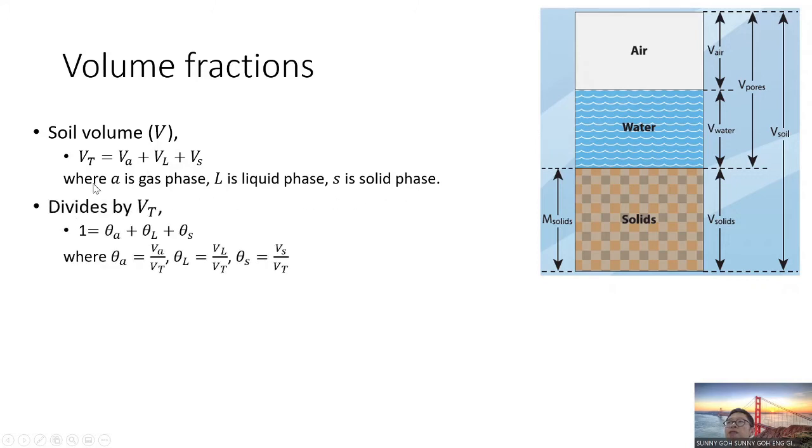And then if we divide this equation by Vt, the total volume, we will get 1 equals theta a plus theta l plus theta s. Theta a is given by Va divided by Vt. Theta l is given by Vl over Vt, and theta s is given by Vs over Vt.